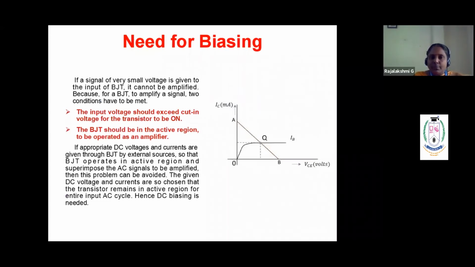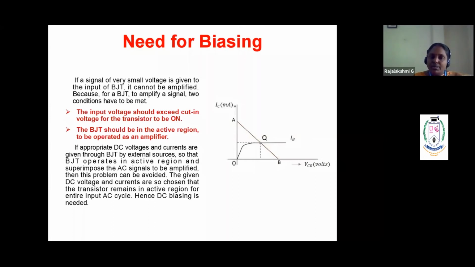Say if you are not biasing with the DC voltage, what will happen is you will be getting the distorted waveform only. When you want to amplify the signal, if you are not giving the DC voltage, the first half of the waveform will be under the forward bias condition, with the help of the AC signal, and will get amplified.